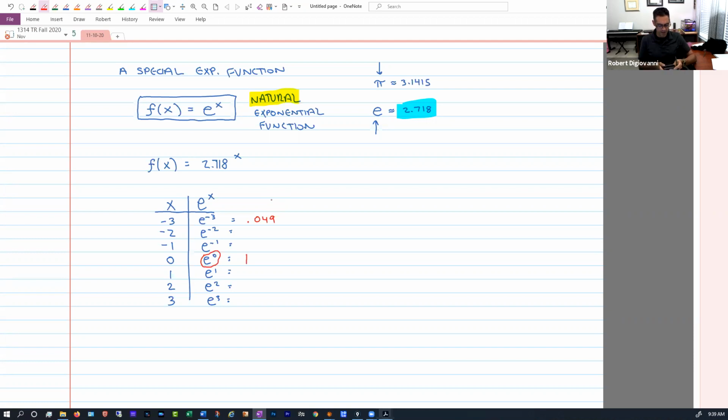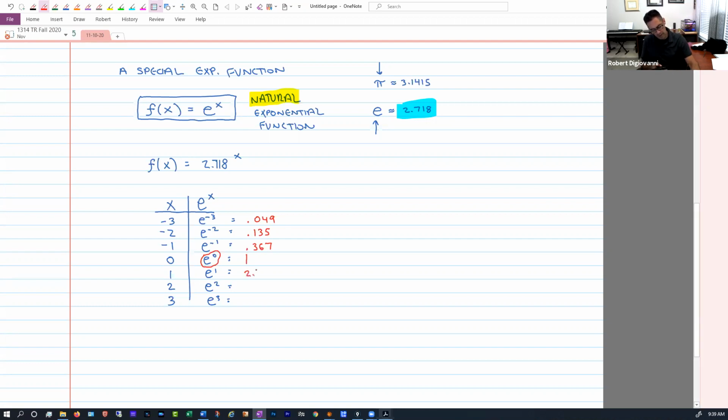I'll keep filling out this table. e to the -2 would come next. I get 0.135. e to the -1 would come next. I get 0.367. e to the first power, just to the 1, would be 2.718.